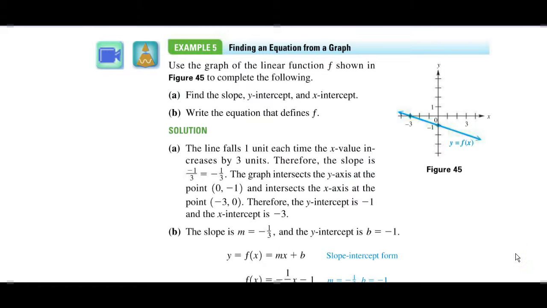And extending that a little bit, we can find also by looking at a graph what the equation is. So let's set it up here. Y equals mx plus b. Well, what is b? B is our y-intercept, and that is a negative 1.